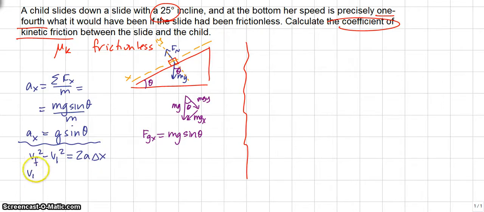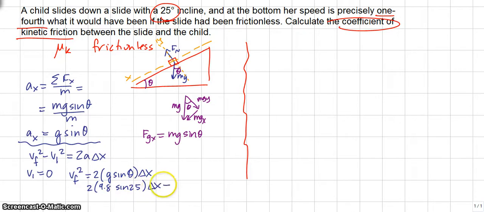Her initial velocity is 0, and her final velocity squared is 2 times g sine theta times however long the slide is. So that's 2 times 9.8 times sine of 25 times delta x.